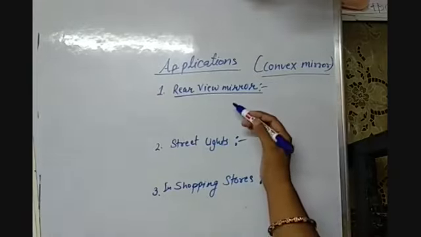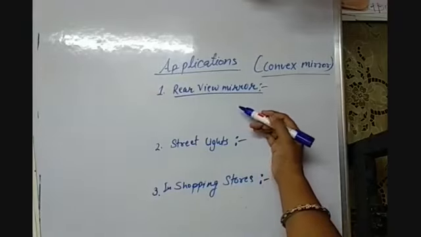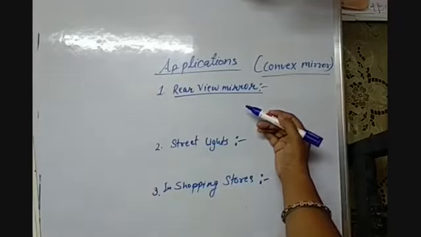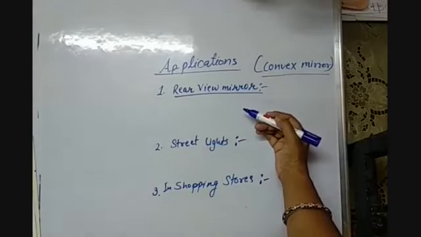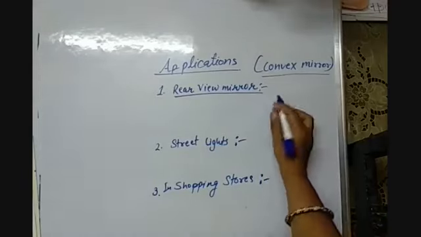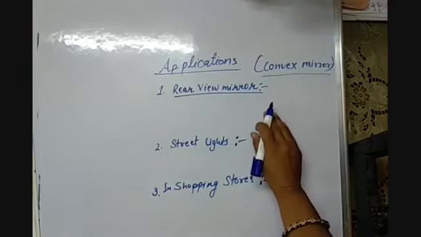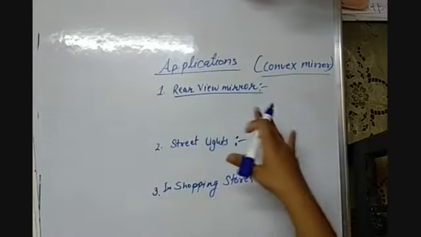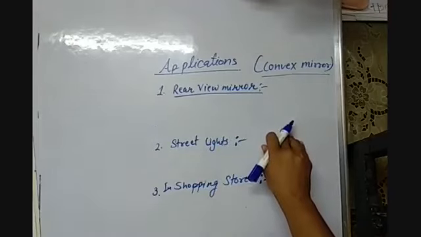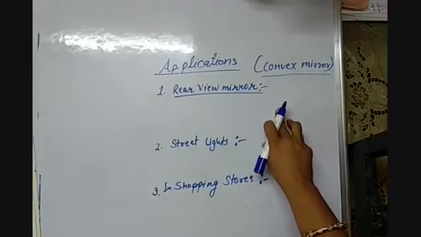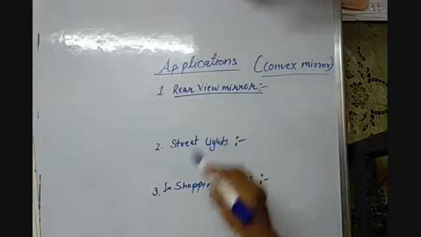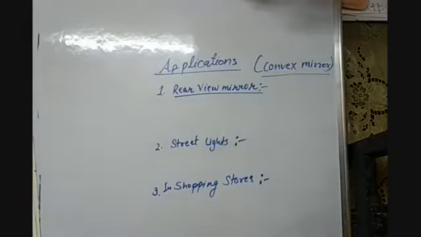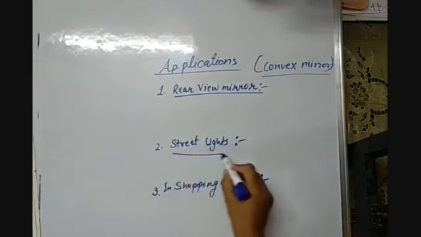So a driver can use this kind of mirror to obtain the image of a vehicle coming from behind, and this will also provide an erect, smaller image, and allow the driver to see the side view of that vehicle as well. So this helps the driver to drive. That is why convex mirrors are used as rear view mirrors of the vehicle, and they are also called driver's mirrors.